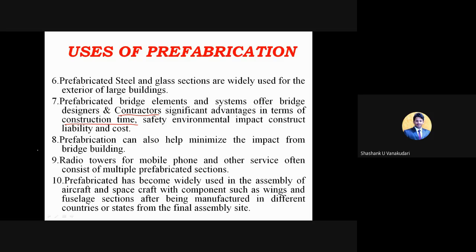The next point: prefabrication can also help to minimize the impact from bridge building. Here they can even design earthquake-resistant structures, so considering all these aspects, the prefabrication concept is much better. It can resist the impact that comes from a bridge to a building, meaning the movement of vehicles.